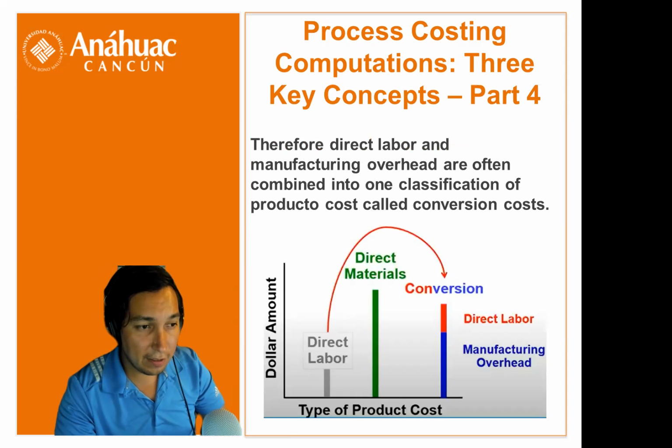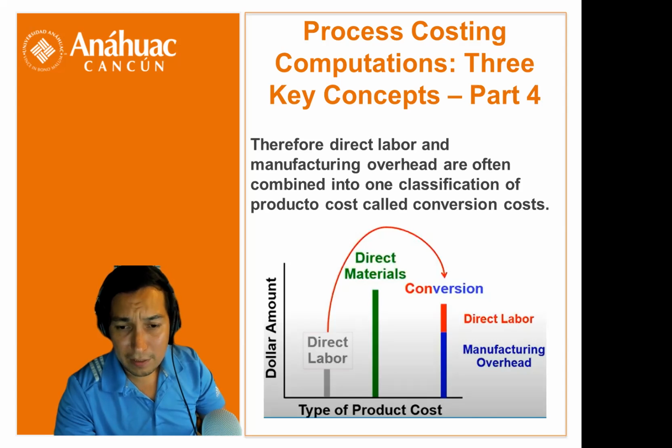Do you see the chart? We are removing the direct labor, and that's why I explained to you the economies of scale. The direct labor represents a very small amount of the cost of the product.